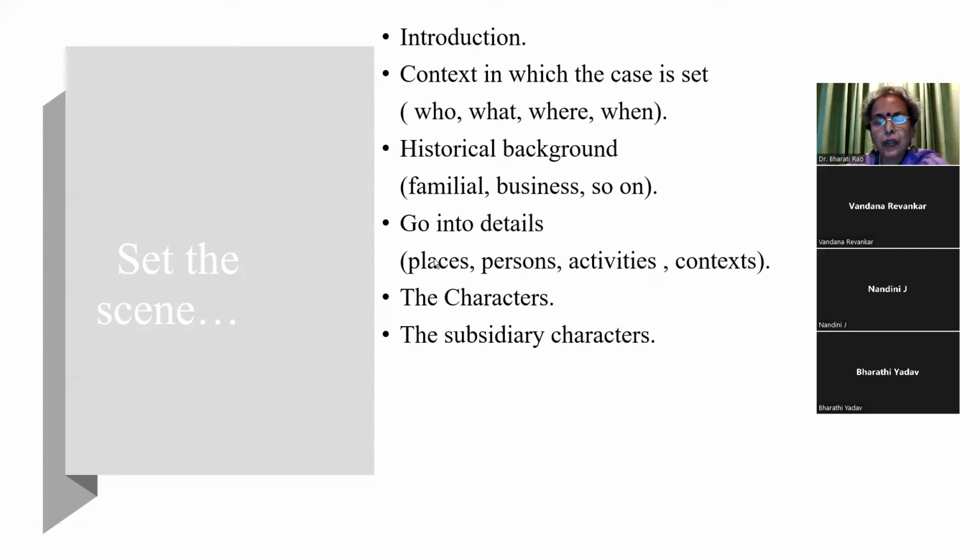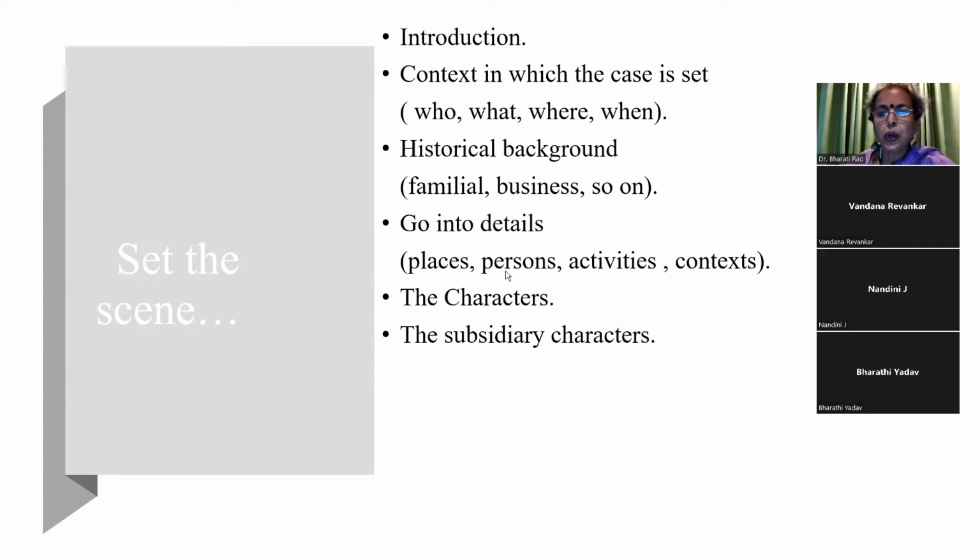Similarly, in the case of Ramya, she goes to the tennis academy along with her mother, who drives her there every day. So here we have the activities, and we are setting the context for the two participants or characters in the story.